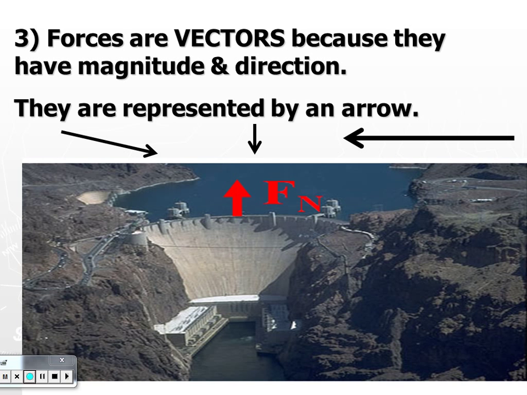If I lean up against this board right here, I'm not going to fall through it because it supports my weight with a normal force, a normal supporting force. The dam is supporting the weight of the water, which is keeping the water from flowing through. So it's a force. The subscript n represents the type of force that it is. So the subscript n because it's a normal force.